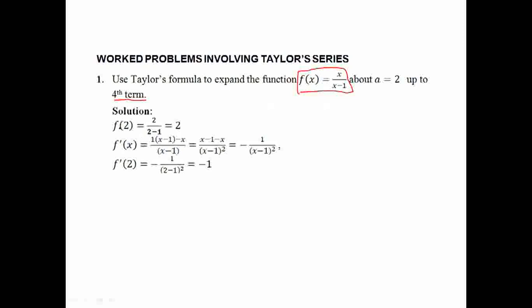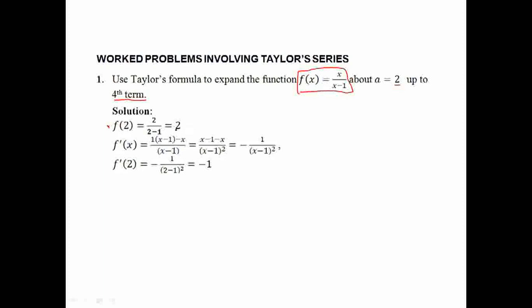So the first step, where there is x, we put the value of a. So here we are simply replacing x in the given function by the value of a. So 2 over 2 minus 1 is equal to 2.